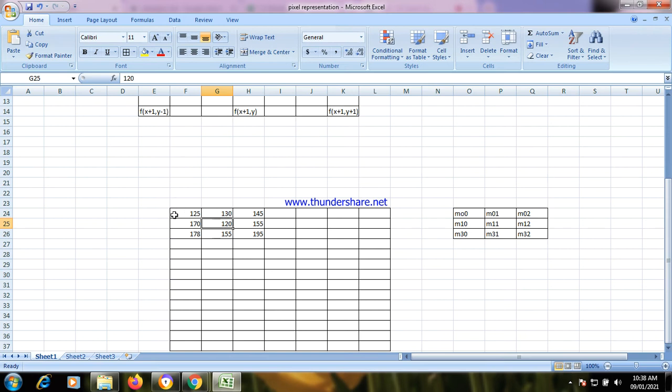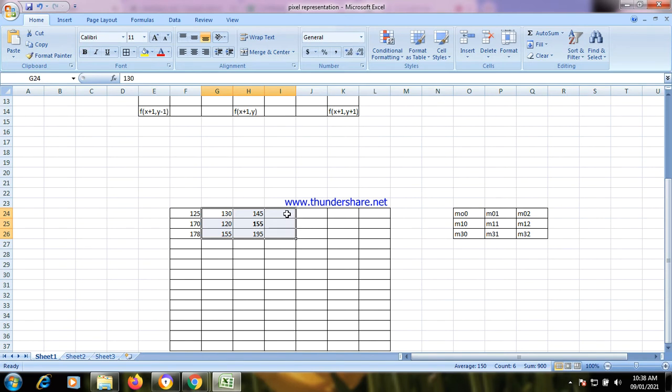Then after this iteration, I move this 3 cross 3 mask towards the right side. Now 155 acts as the central pixel f of xy, and this is my mask or window.